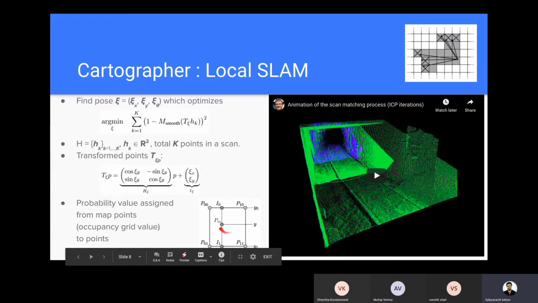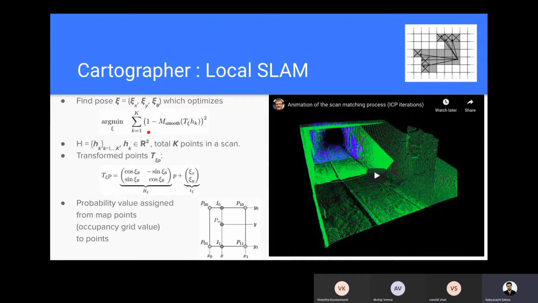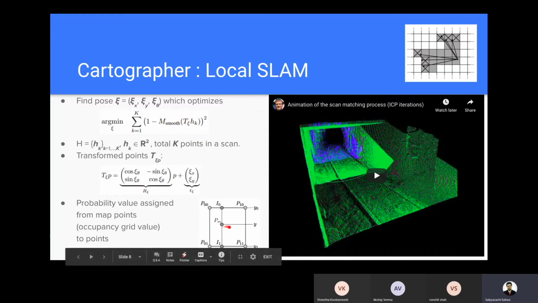Or rather, we are trying to ensure that all these next scan points get a probability map value equal to 1, or higher the better. So the optimal lies where the map value at all the points is close to 1.